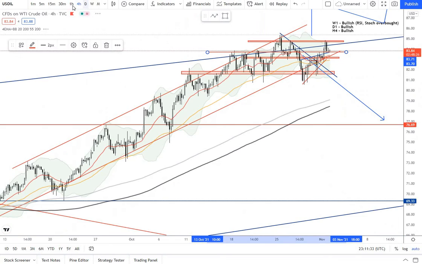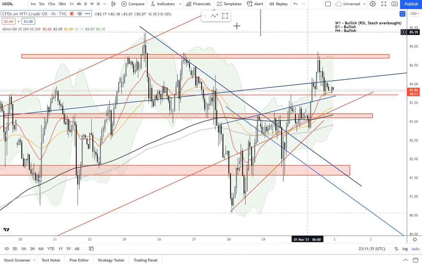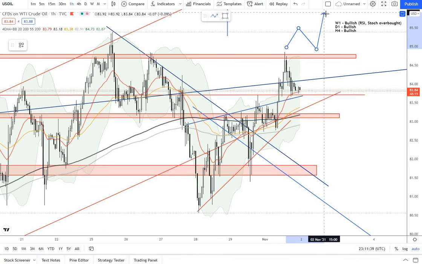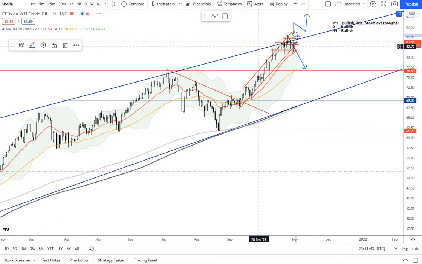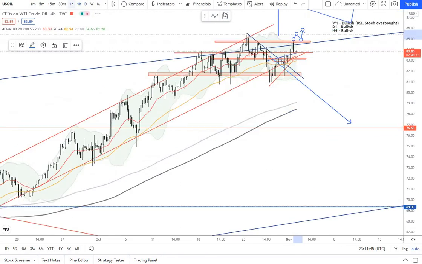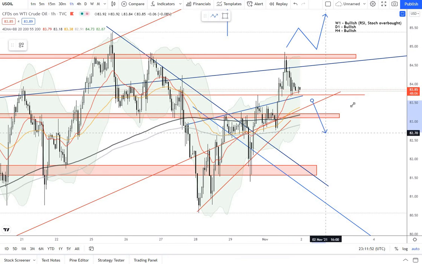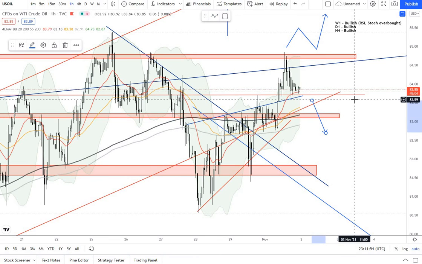So if I zoom down, since I'm looking at the daily chart, to the 1 hour chart, then we'll want to see if it's going to break above this level before it follows the trend to go up further, or it could potentially be coming down. Okay, so there's no clear direction, but we know that in the long run it's going to be very bullish.